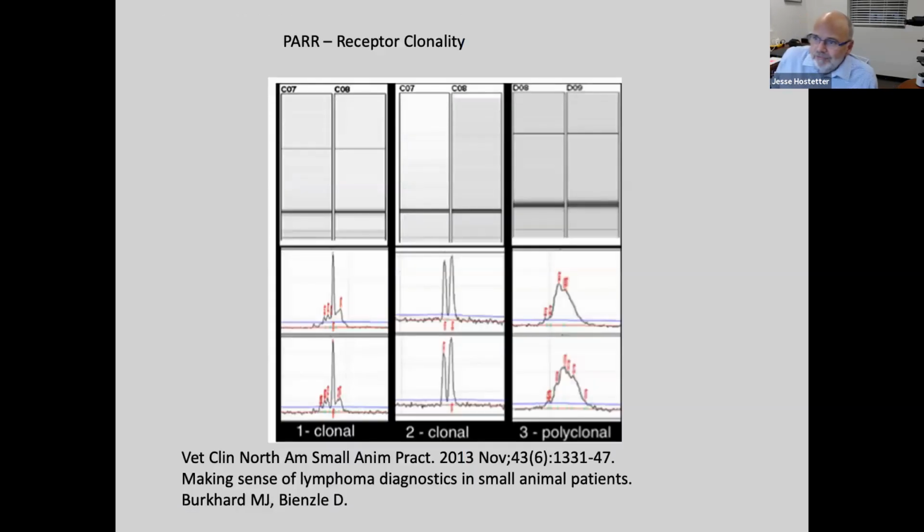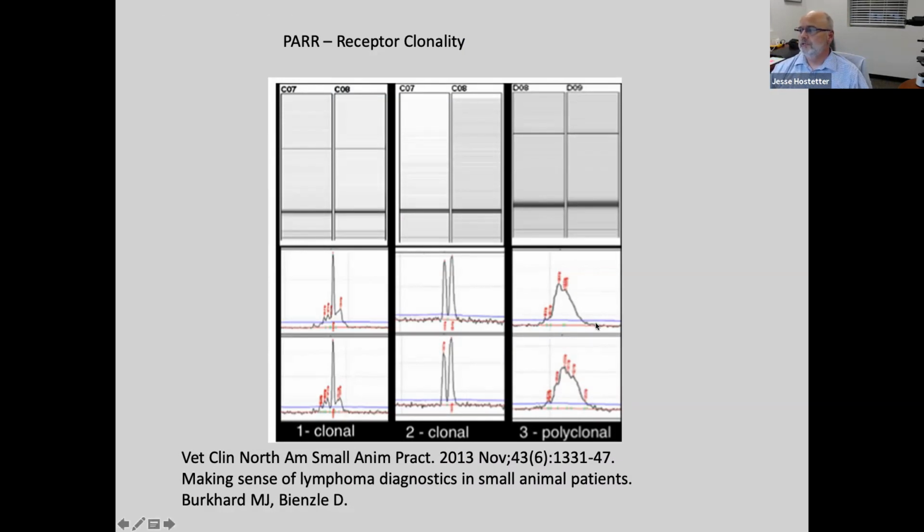And then lastly, I'll finish out here. I've got one more slide after this I'll show you, but this is PARR. I suspect that all of you know more about PARR than I do. This came out when I was fairly old, and now I'm really old, so I'm not really up on the technology. But what we're looking at is a clonal population of the T cell receptor.